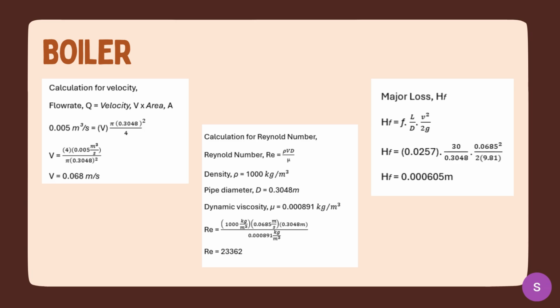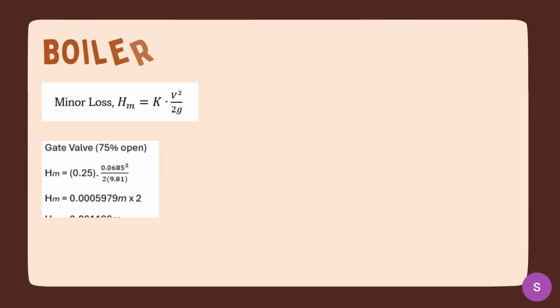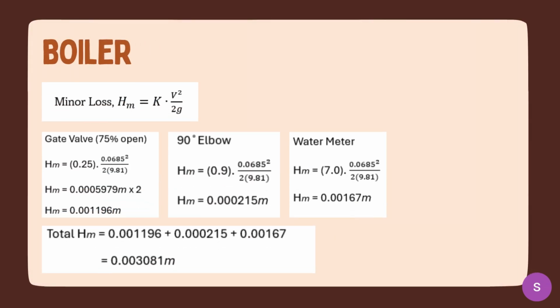And then we just substitute all of the other value in the formula, and we get the major loss of boiler process is 0.000605 meter. Next, we need to calculate minor loss for boiler process. The formula is minor loss equals to K times V square over 2G.